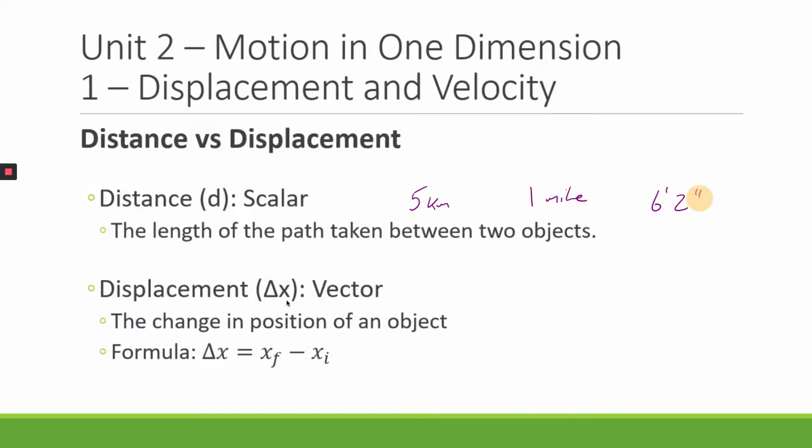Displacement is very different. So a displacement is the change in position of an object. So we'll see in a second that it definitely has a direction to it. And I'm going to take you through this formula because this is important. This is called a delta sign. A delta in physics means a change in.